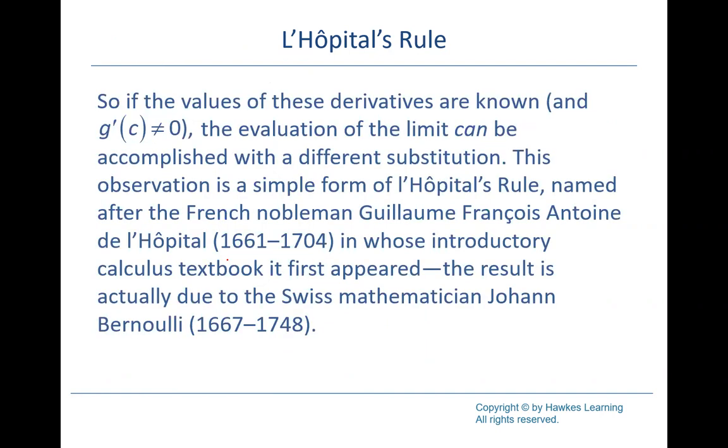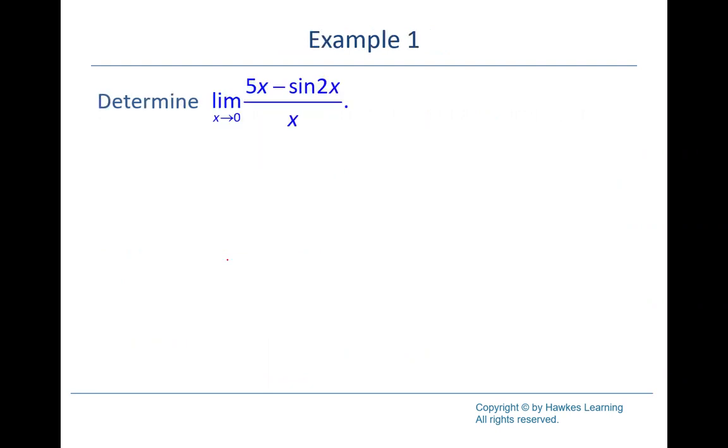So let's see a quick example here of how we can actually employ L'Hopital's rule. Suppose we wanted to determine the limit as x approaches 0 of the following function.